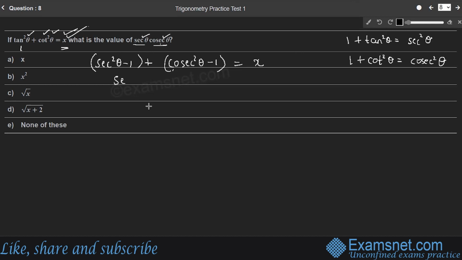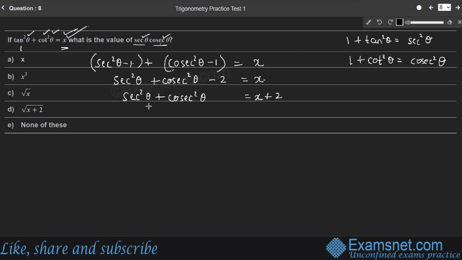Therefore, secant square theta plus cosecant square theta minus 2 becomes x. Minus 1 minus 1 is minus 2. So secant square theta plus cosecant square theta becomes x plus 2.